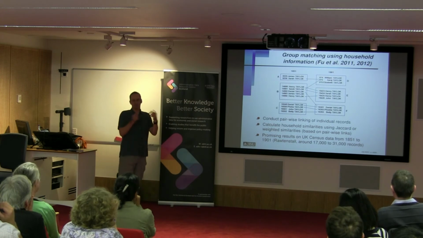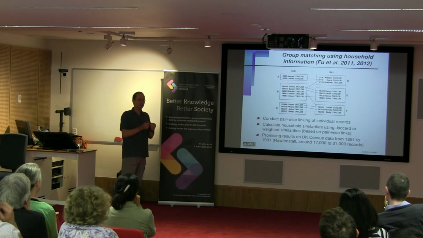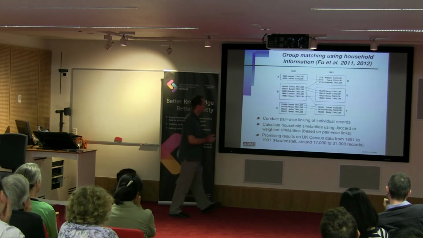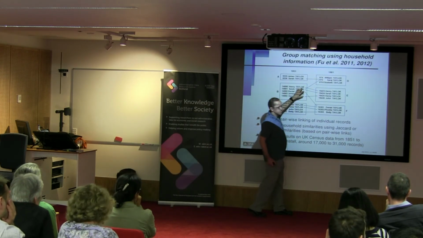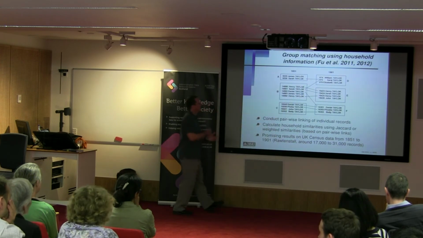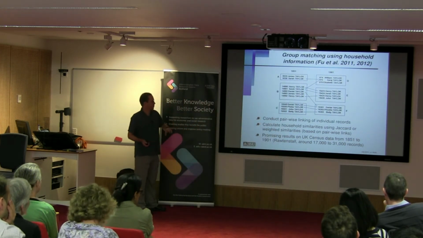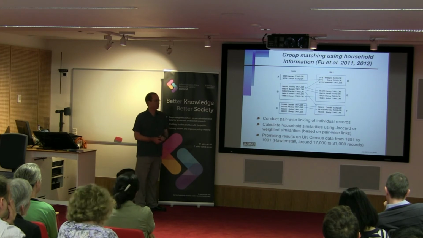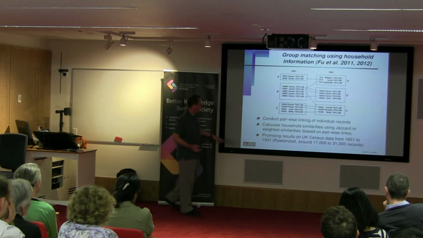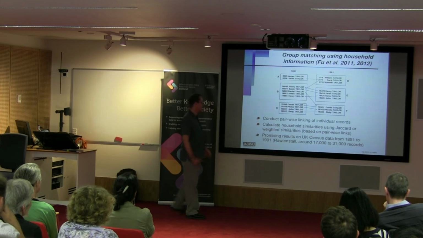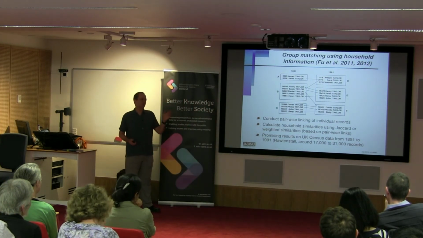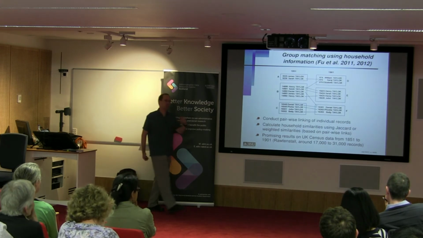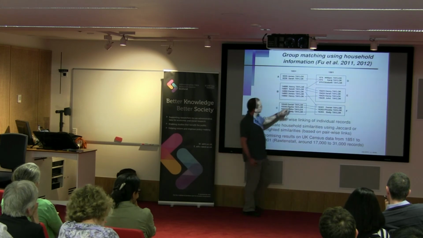Again, the group linking can be based on just counting the number of highly similar people, or we try to get an overall similarity, or we can do this in an optimal way. And when we applied this on a small census data set from the UK, where we only had data from one town, between 15 and 31,000 records, we were able to link many more households together compared to only linking individual people.